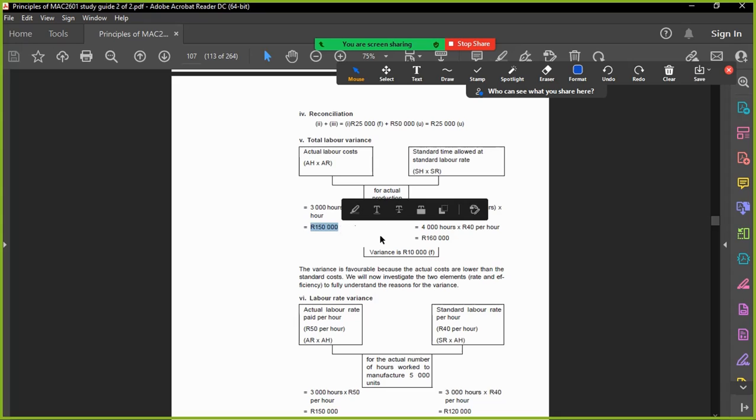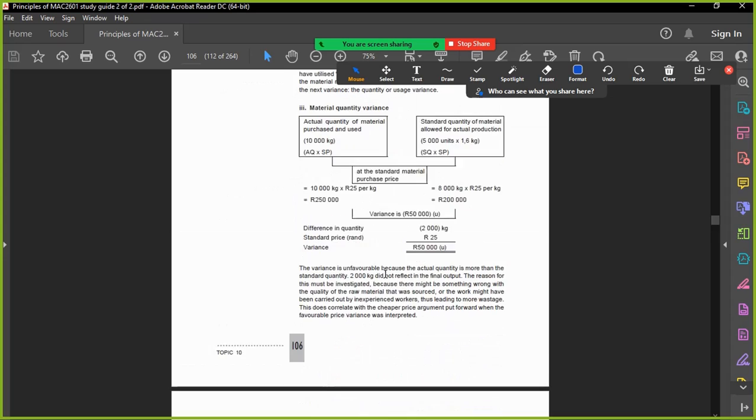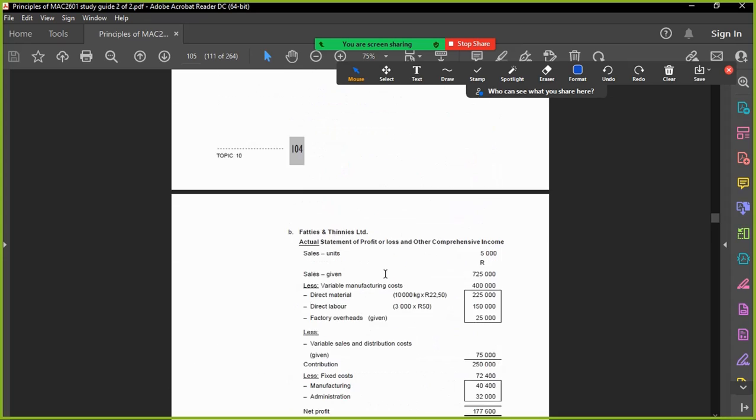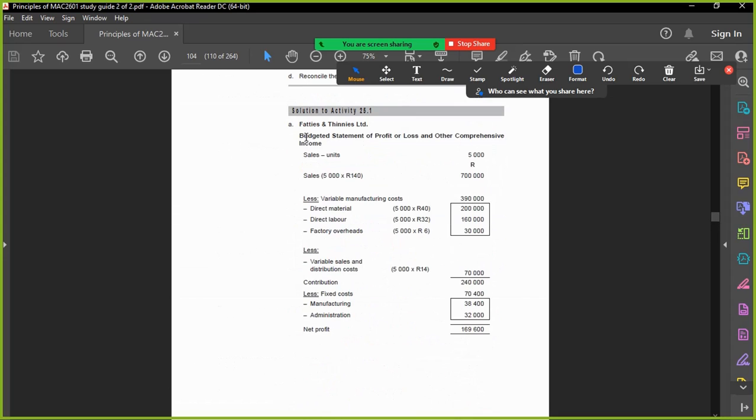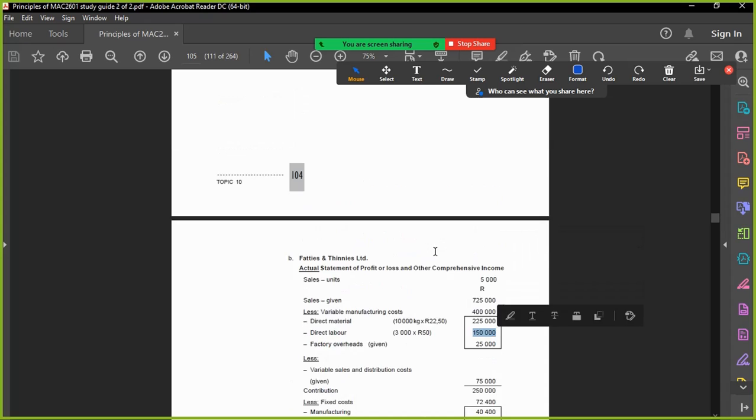There's the labor. See, 50 and 60, 10,000. So you'll be able to see it immediately, actually. So this question looks very long, but in actual fact, all you need is A and B. If you've got A and B, then you can do the variances because you can compare the totals.